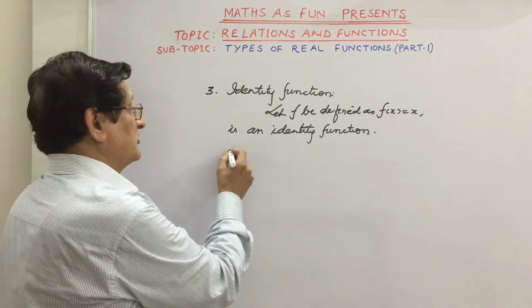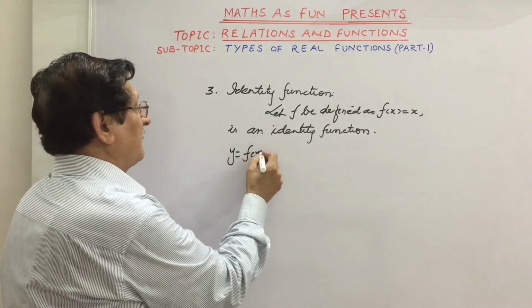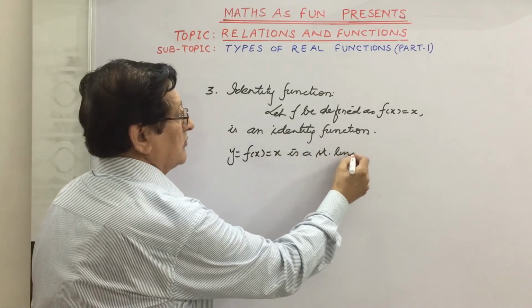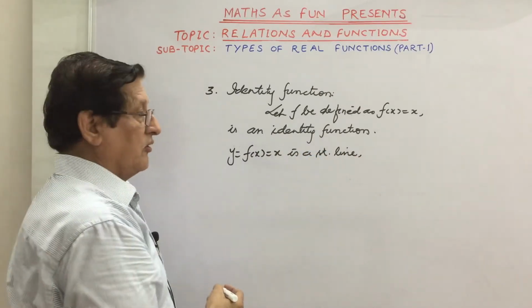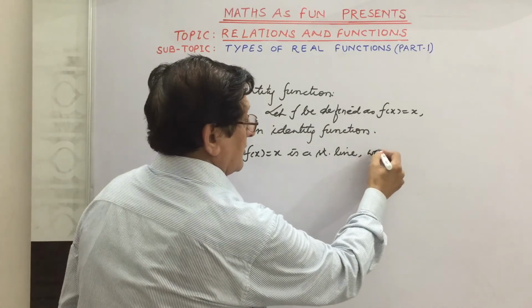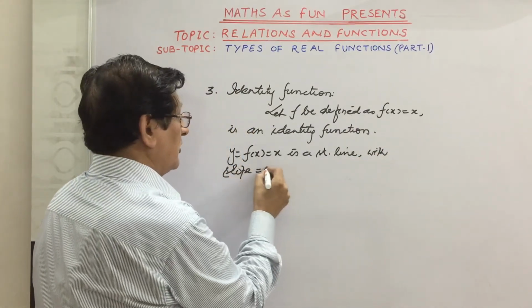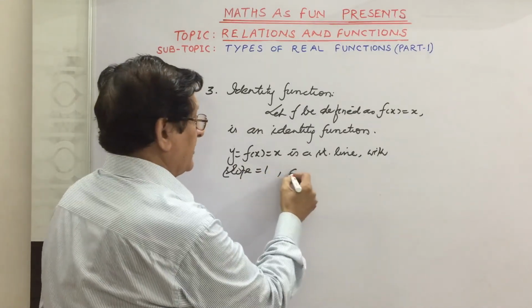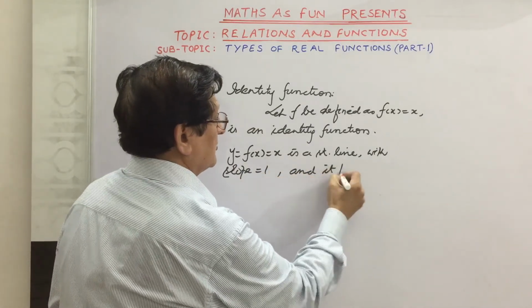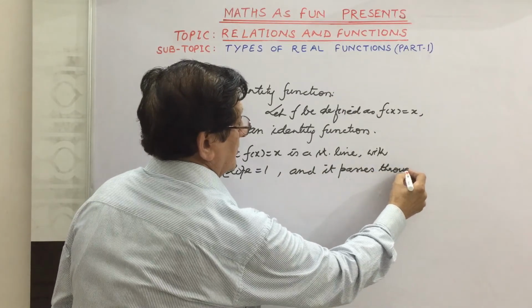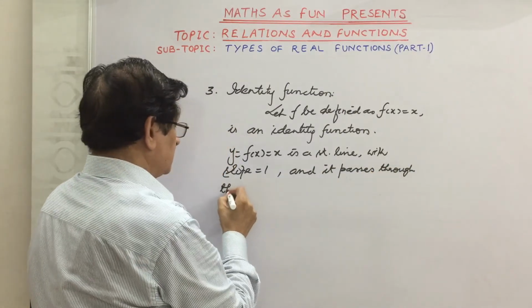What do we find about this? y = f(x) = x is a straight line, we know, with slope equal to 1, and it passes through the origin.